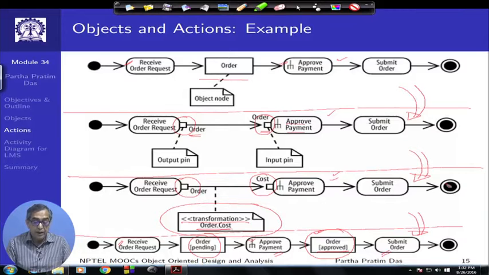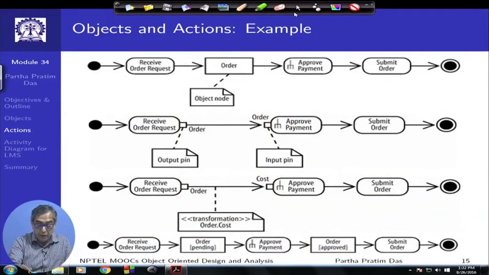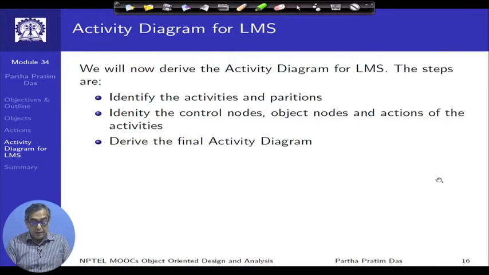But here what I illustrate is, on top of this, you can make a very strong object flow on the activity diagram, and the tokens that move can carry whole objects with them, defining a complete semantics for the diagram. So, that was a basic overview of the activity diagram.